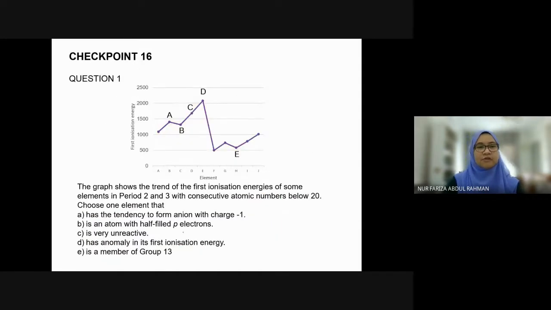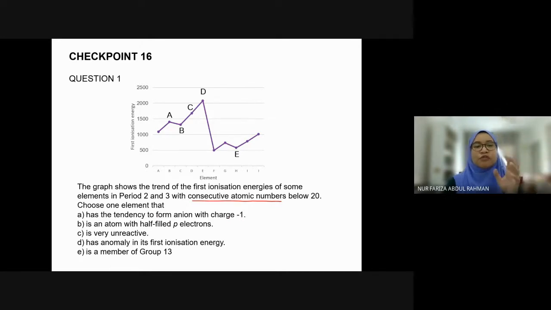Okay, moving on. Okay, next question. The graph shows the trend of the first ionization energies of some elements in period 2 and 3 with consecutive atomic numbers below 20. Okay, choose one element that, okay, so A has the tendency to form an ion with charge -1. Okay, alright.